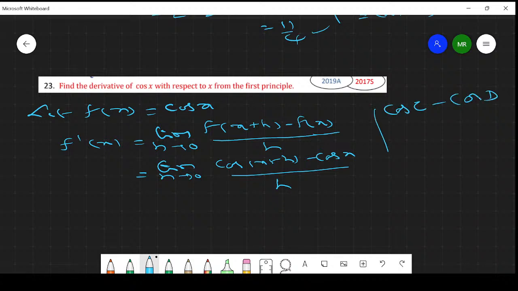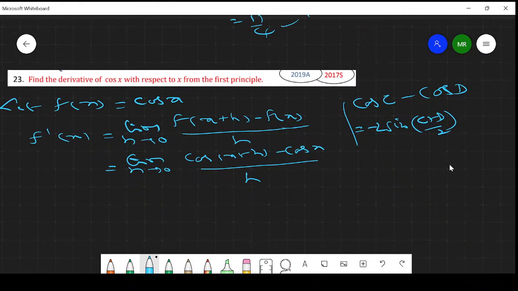It will be minus 2 sin of c plus d by 2 into sin of c minus d by 2. I can write this as the product: 2 sin c plus d by 2 sin c minus d by 2.